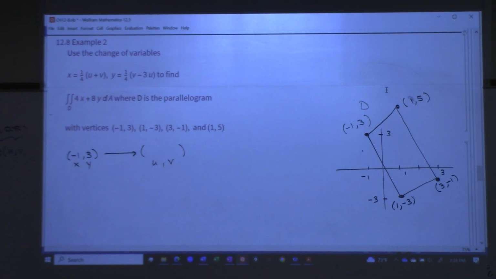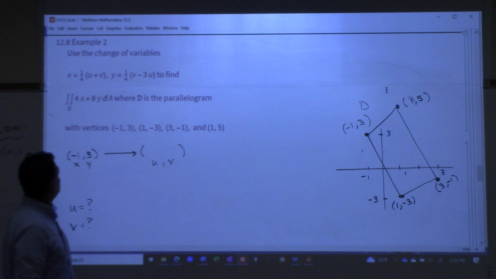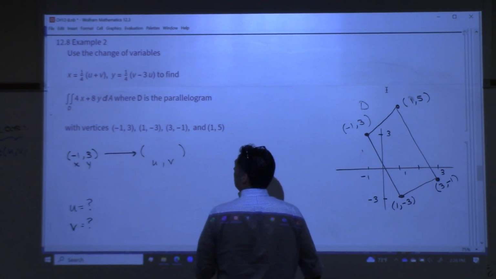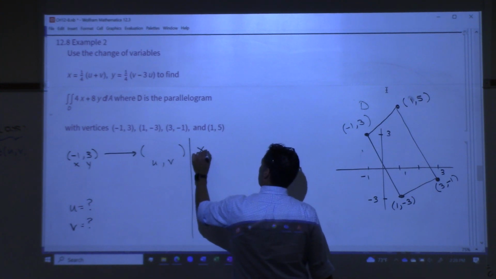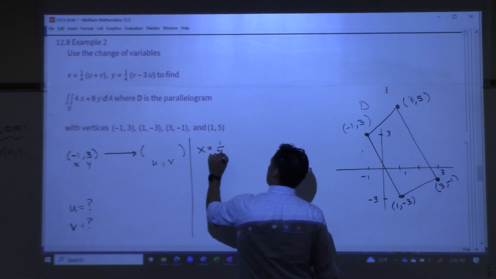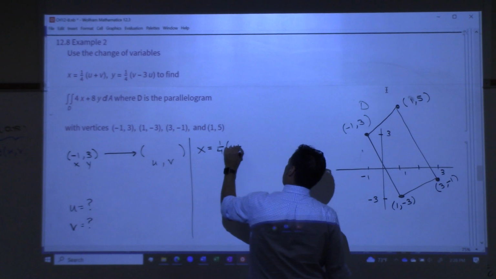So what I'm going to do is try and convert over first. I'm going to try and get an equation for u, and an equation for v. Let me do it this way. I need that picture still. So let me write down those equations right here so I can work with them. X is 1/4 u plus v.